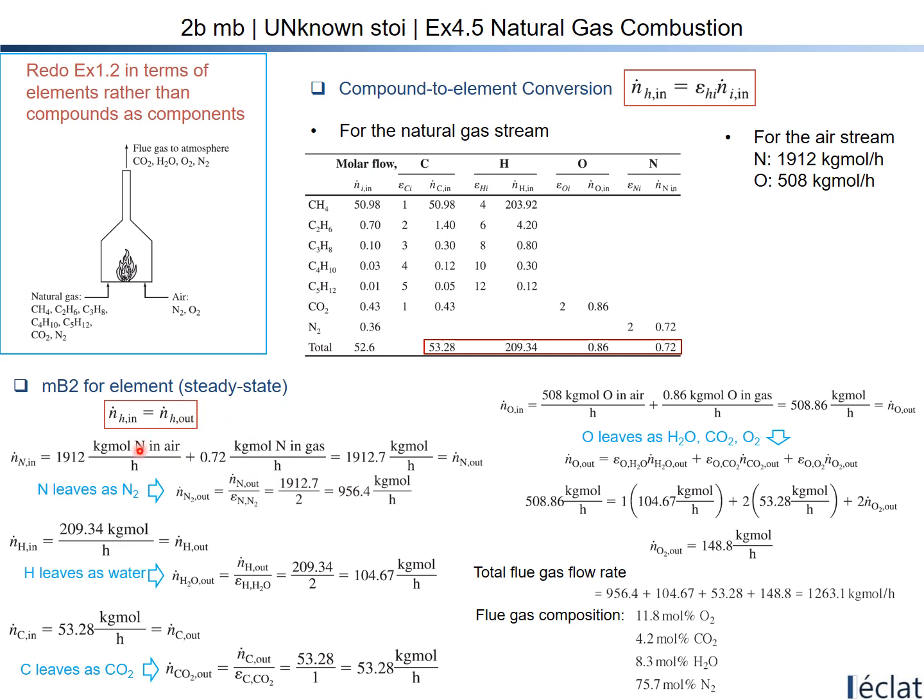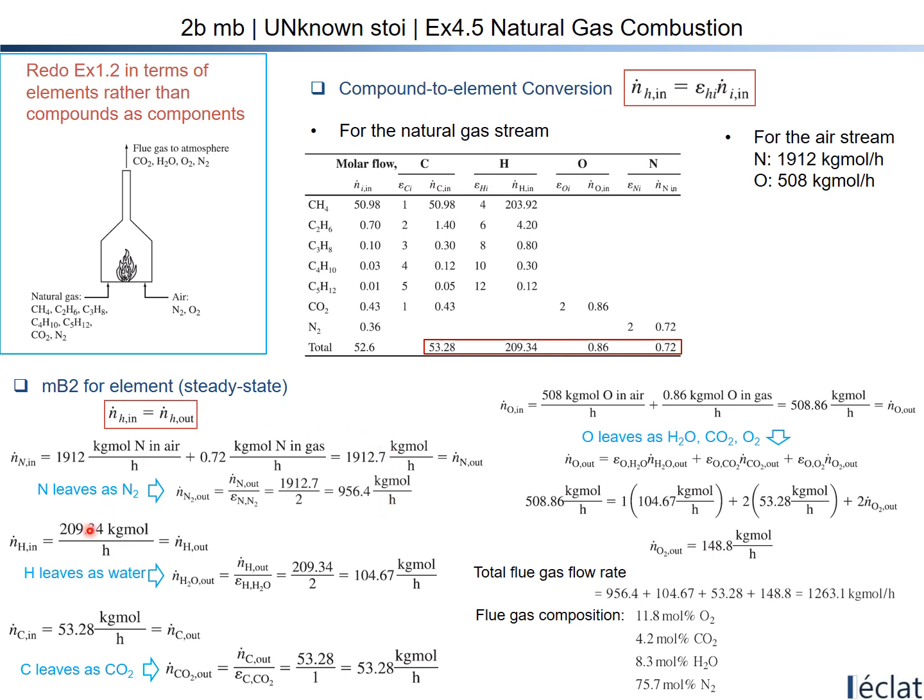The summation of those two is the nitrogen element flow rate in the upstream. Nitrogen atom leaves as nitrogen molecules having two nitrogen atoms, so this value divided by 2 is the molar flow rate for nitrogen molecules in the upstream.